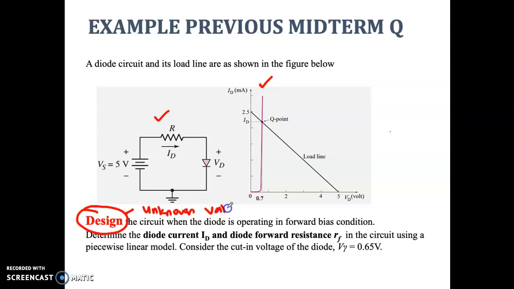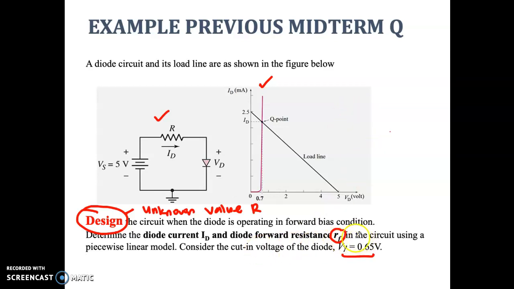In this case, the unknown value is the R value. You also need to determine the diode current, the diode forward resistance and V gamma. Please try to solve this question by yourself. We will discuss this in class.